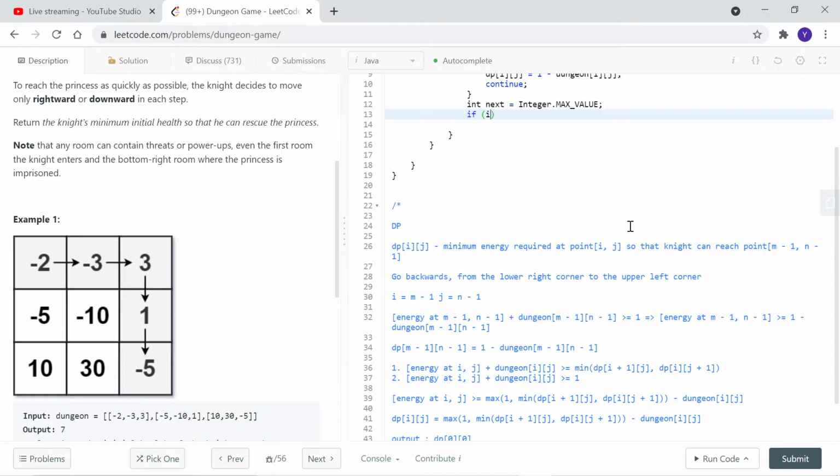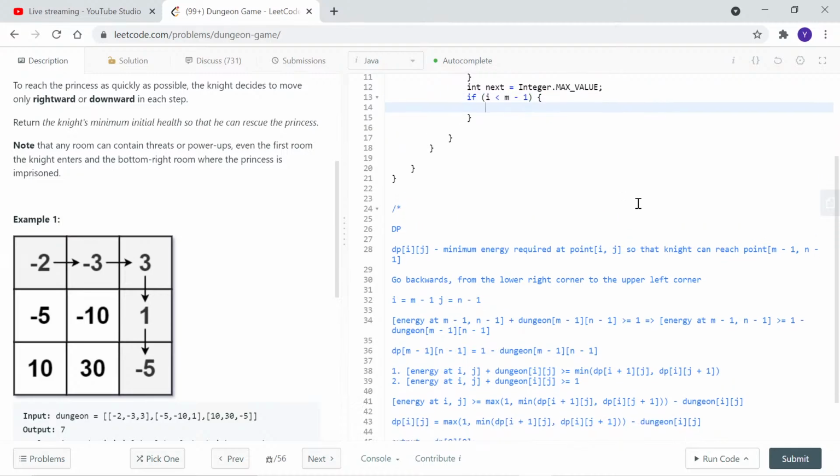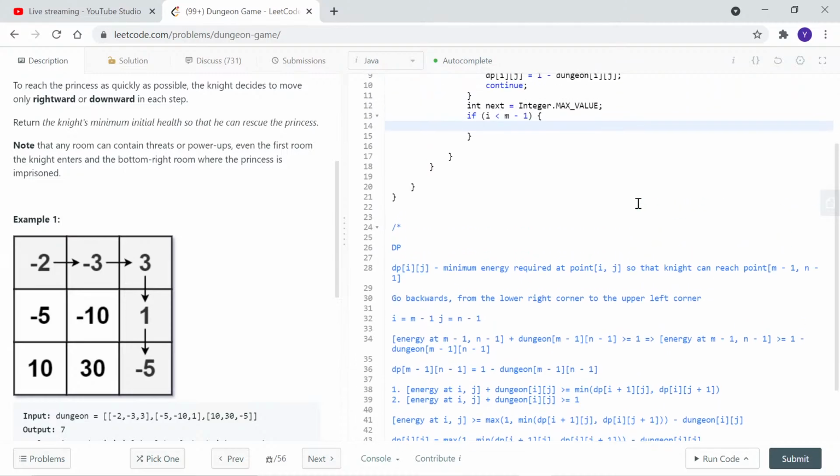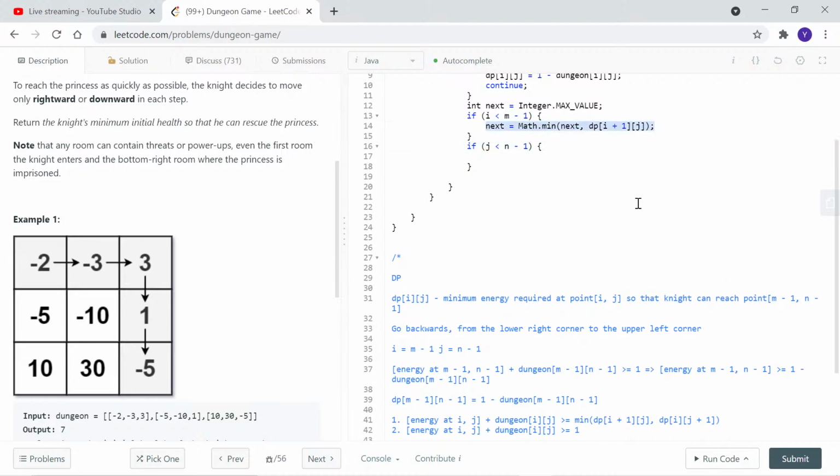Then if i is smaller than m minus 1, we can do next as the minimum with dp i plus 1 j. This if condition avoids the outer boundary problem. And similarly for j, we can define next with i j plus 1.